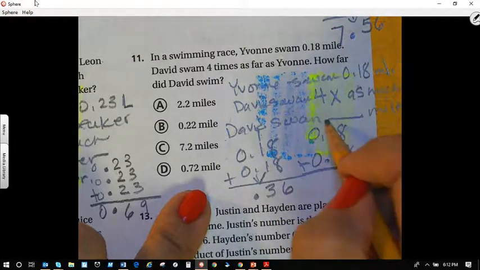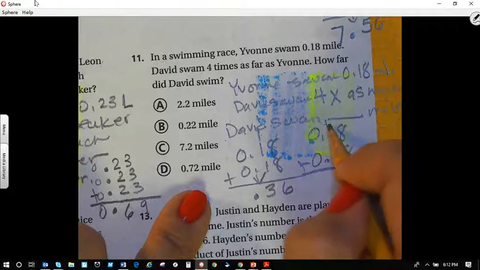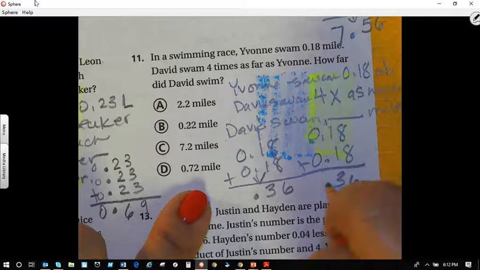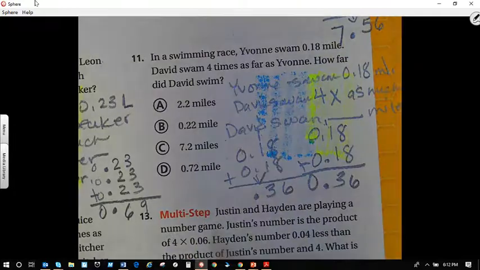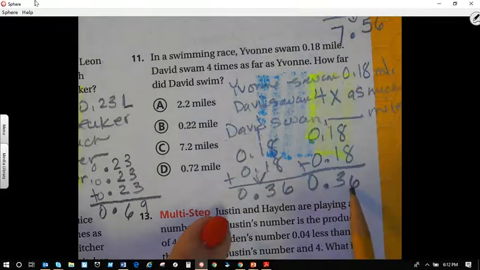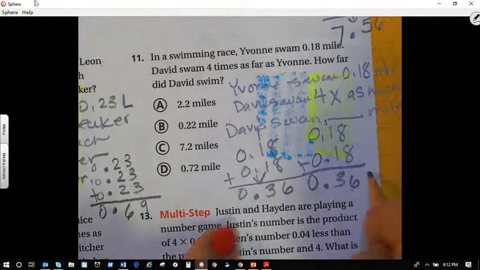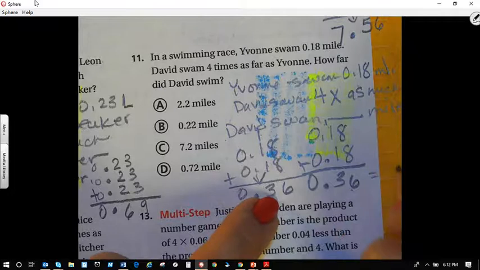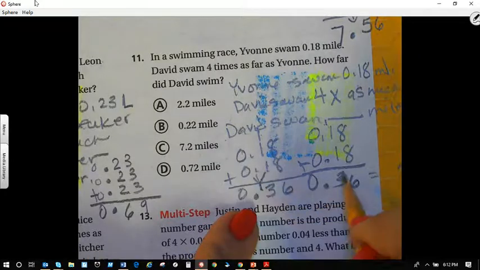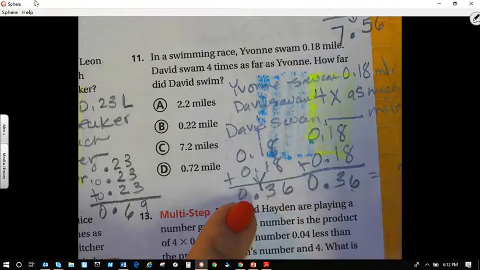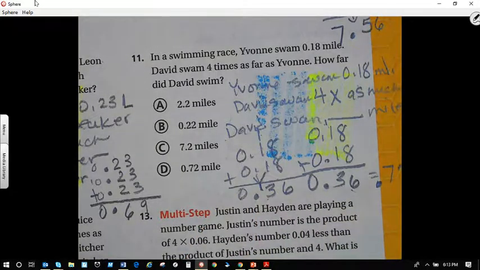Regroup my 1. 1 plus 1 is 2 plus 1 is 3. Bring down my decimal. And so now I'm going to add these two together. And so I have 6 plus 6 is 12. Carry my 1. 3 plus 3 is 6 plus 1 is 7. Bring down my decimal is 72 of a mile.